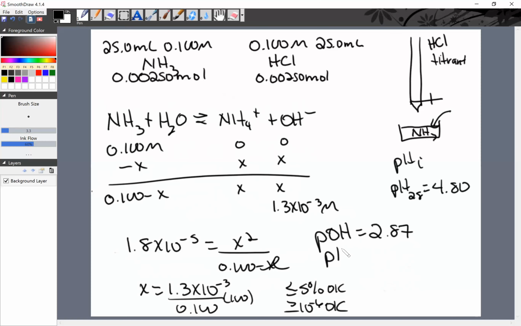And the pH? 11.12. All right. Whoa, I started with a pH of 11.12, and then I jumped to a pH of 4.80. Well, yeah, because I used all of my ammonia, and the only thing floating around now is extra acid. Okay, what is the pH at the halfway point?